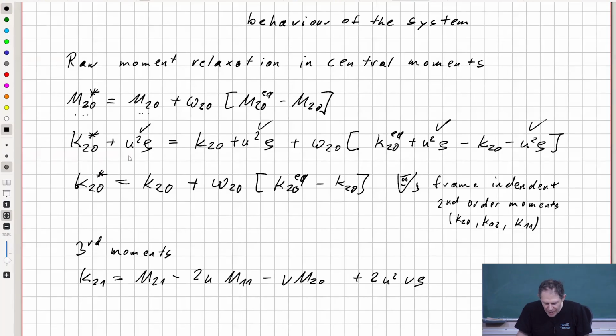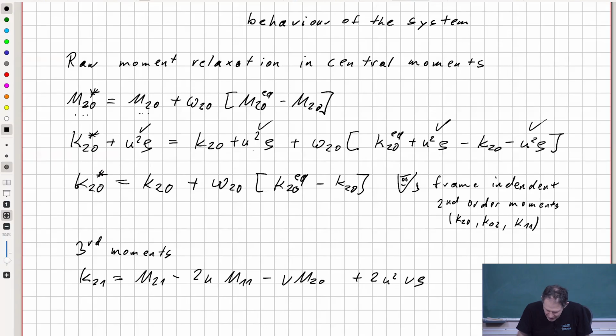Here, what we have seen, if there is no force in the second moment, then the difference between the central and the raw moment was this, and this thing was Galilean, was collision invariant, at least as long as there is no force. So this would stay the same before and after collision.